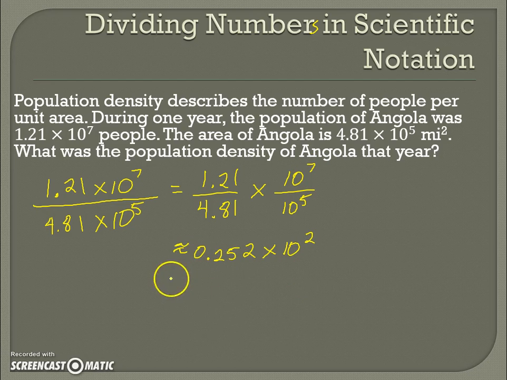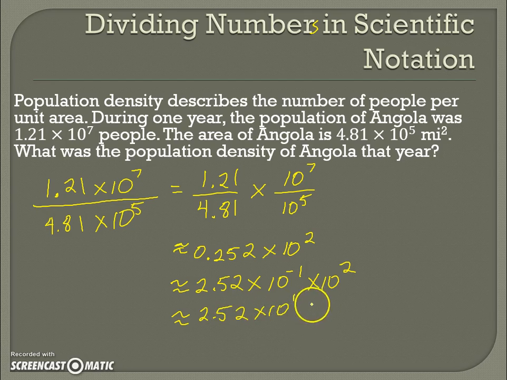Now this is not written in scientific notation, so I need to go ahead and change that so that it's 2.52 times 10 to the negative 1, because it's a small number, times 10 squared. And here I just add my exponents. So I get 2.52 times 10 to the first, which is such a small number.